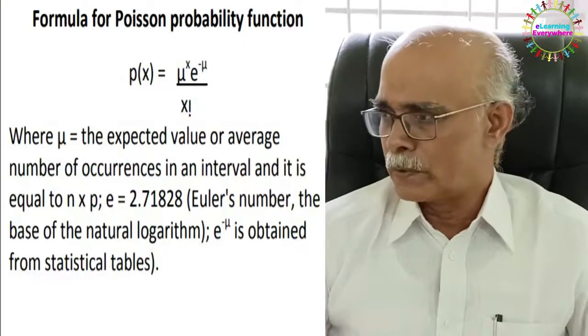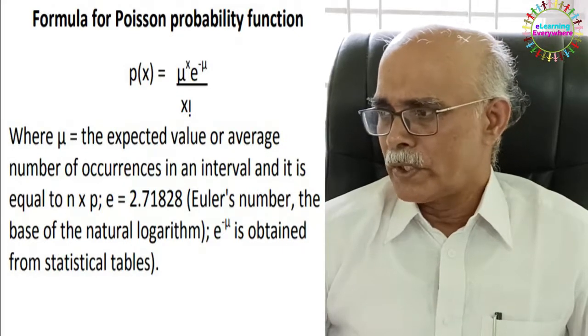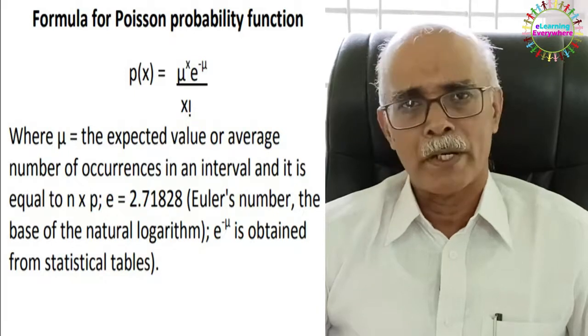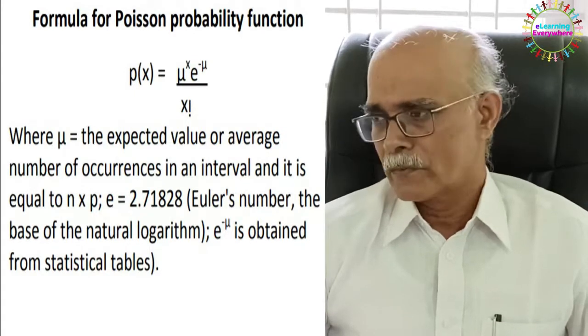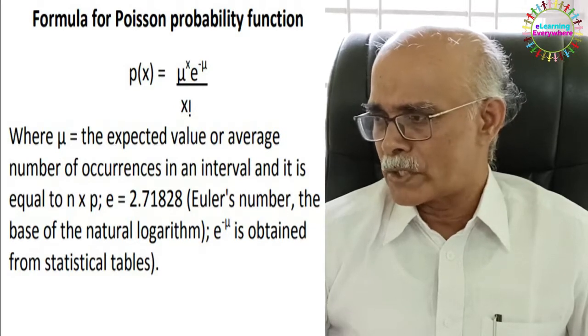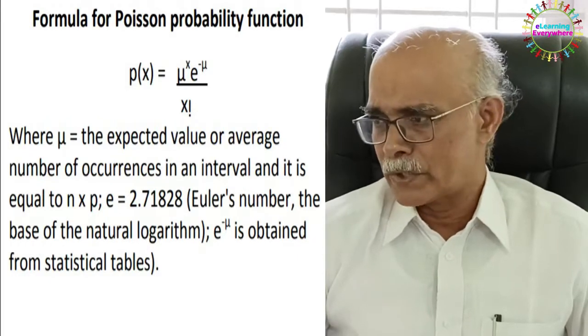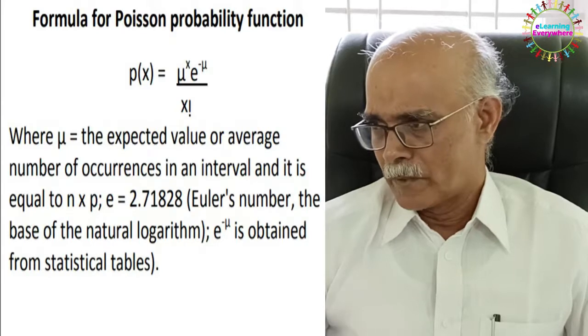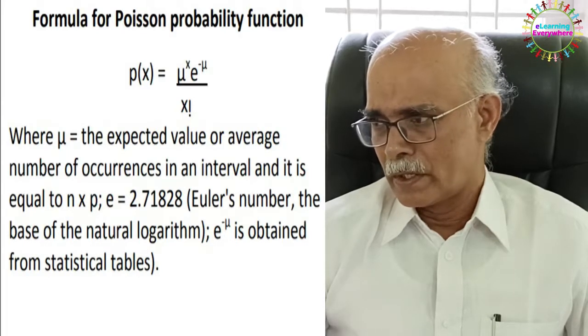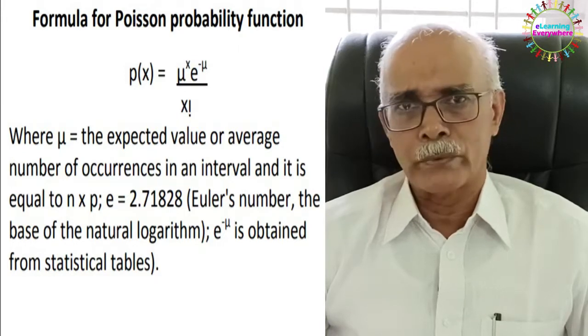Now let us see the formula for Poisson probability function. P(x) is equal to mu raised to x into e raised to minus mu divided by x factorial, where mu is the expected value or average number of occurrences in an interval, and it is calculated using n into p, and e is a constant, equal to 2.71828.